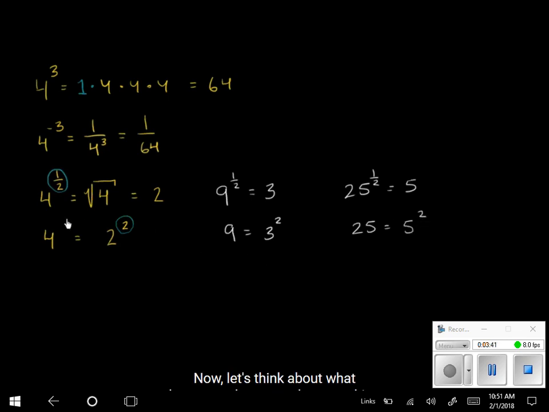Now, let's think about what happens when we take something to the 1/3 power. So let's imagine taking 8 to the 1/3 power. So the definition here is that taking something to the 1/3 power is the same thing as taking the cube root of that number. And the cube root is saying, well, what number, if I had 3 of that number and I multiply them, then I'm going to get 8. So something times something times something is 8. Well, we already know that 8 is equal to 2 to the 3rd power.